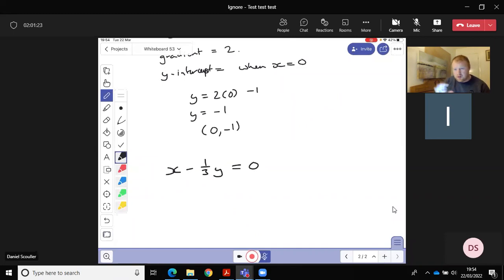Don't let that 0 put you off. Rearrange it so y is positive on a different side than x. So we move that whole term over here and it becomes a positive.